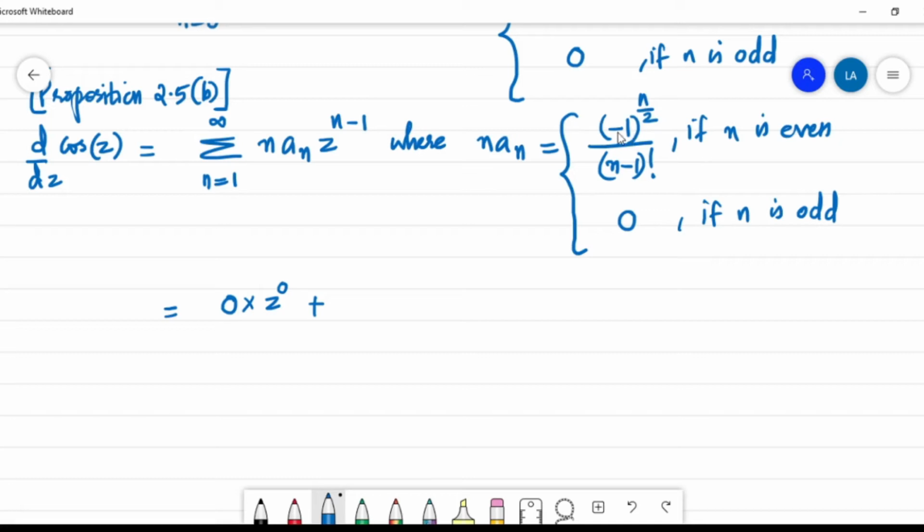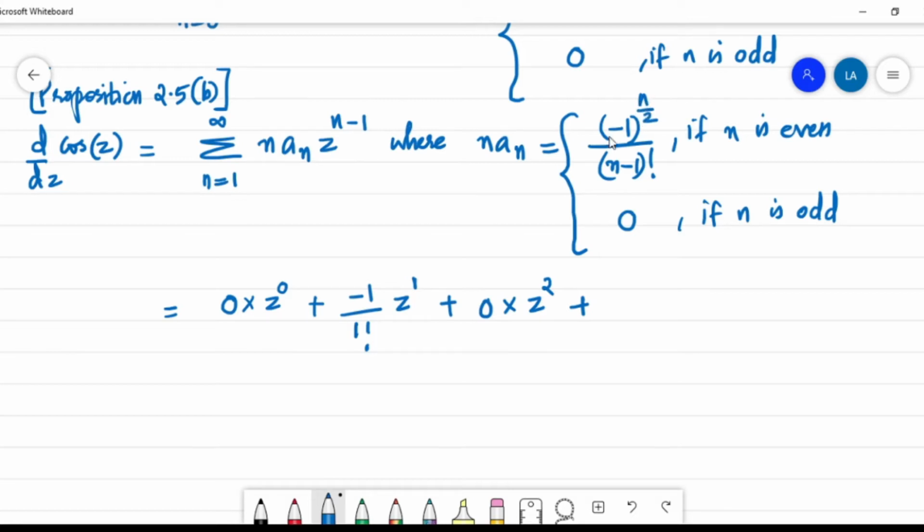So that will be minus 1 the whole raised to n by 2, that is 2 by 2, that is 1, minus 1 divided by 2 minus 1 factorial, that will be minus 1 divided by 1 factorial into z raised to 2 minus 1, that is z raised to 1. Okay. The next will be 3 into a3, that will be 0 into z raised to 2. The next will be 4 into a4, the coefficient will be 4 into a4. 4 into a4 is already calculated when 4 is even.